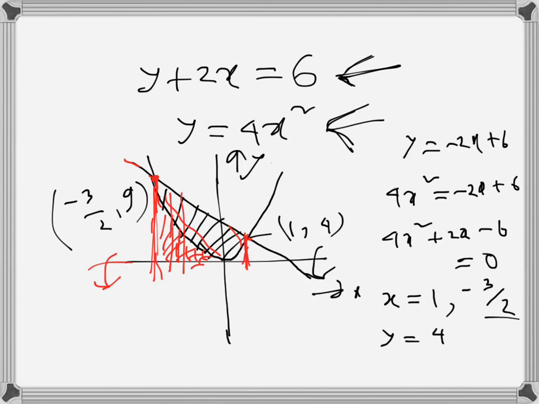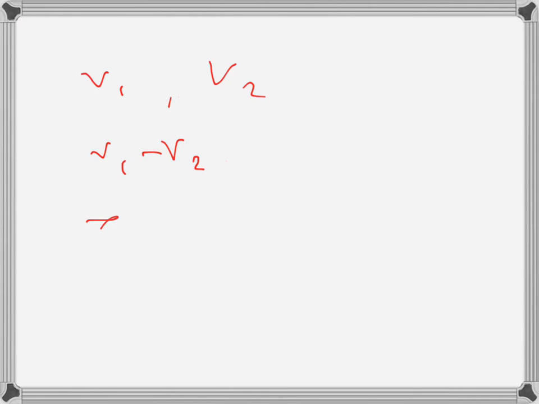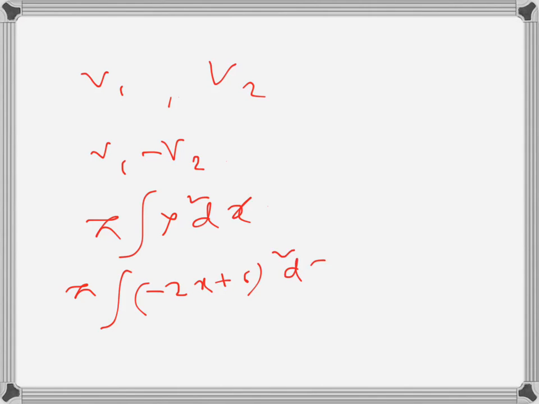Let's take this as a section, and the volume will be pi y square dx. So y here will be minus 2x plus 6, whole square, dx, and x will be from minus 3 over 2 to 1.